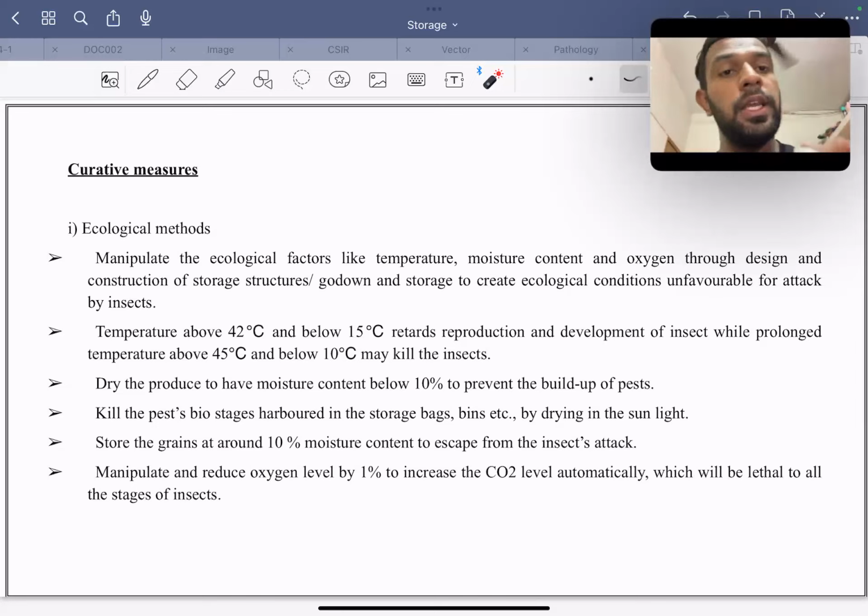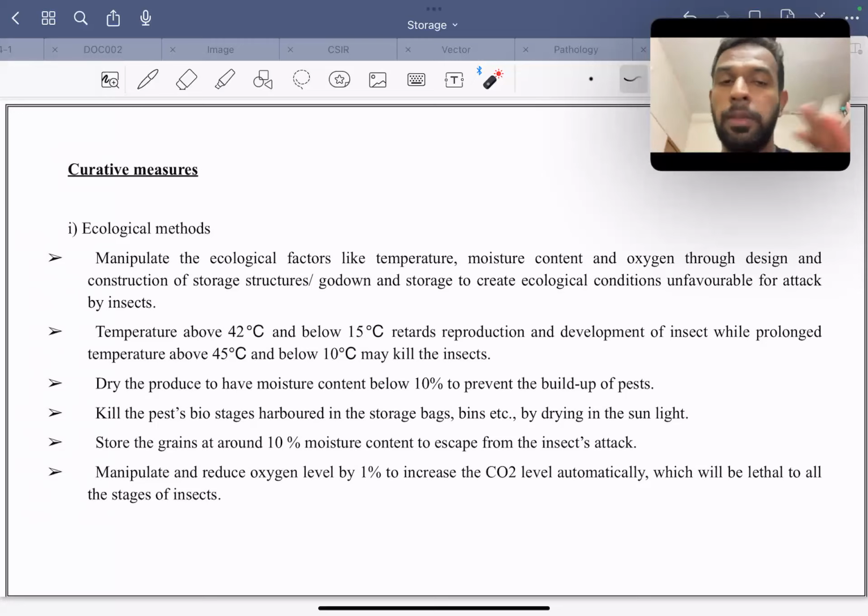Then comes drying the produce to reduce the moisture content below 10%. If excessive moisture is present, automatically the insect attack will be more. Then killing the pest stages harbored in the storage bags and bins by drying them in sunlight.